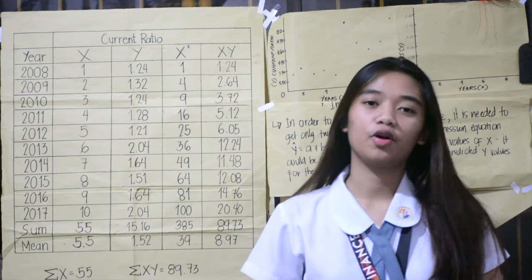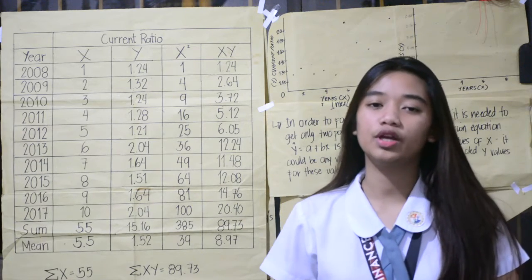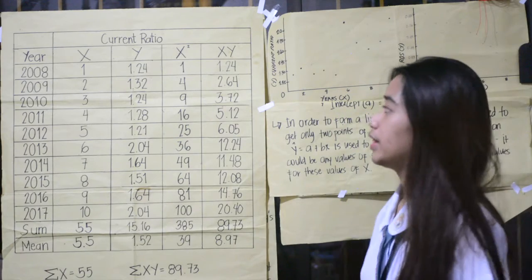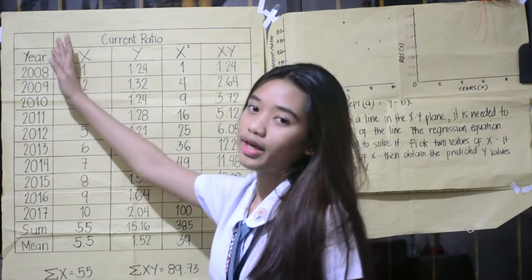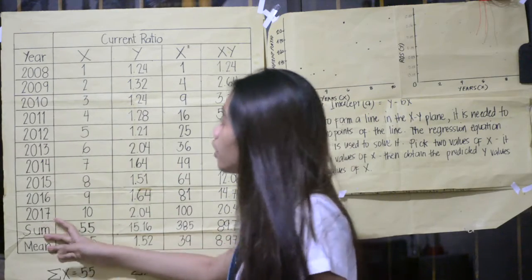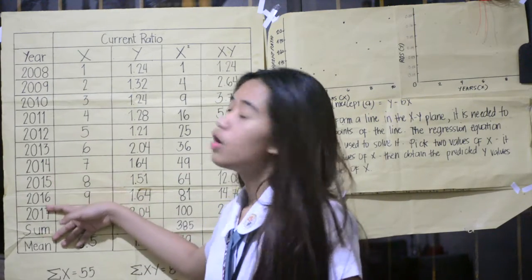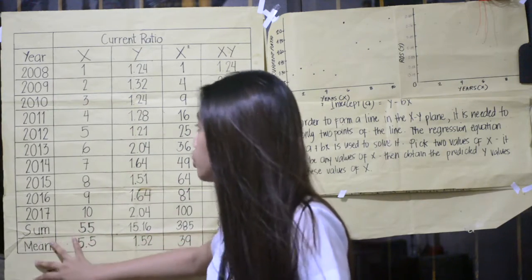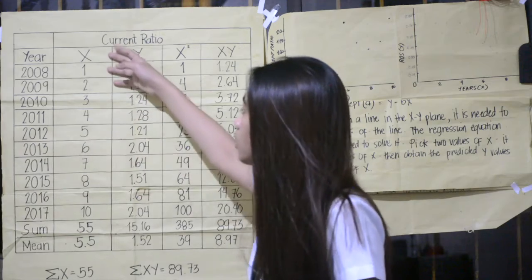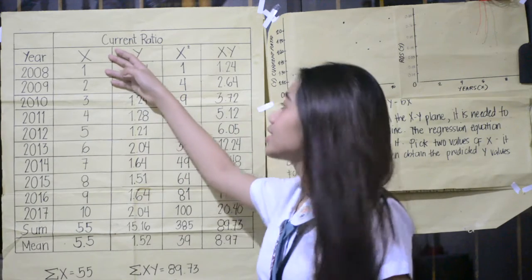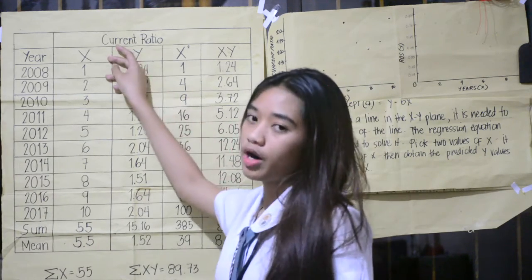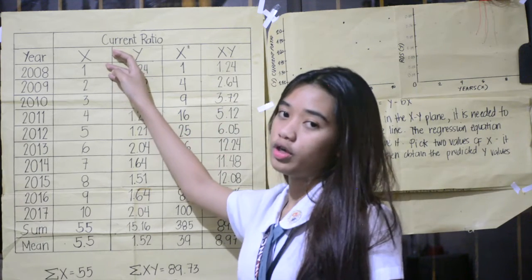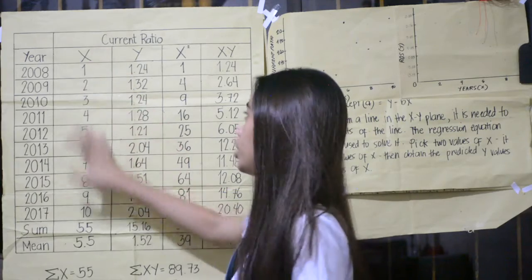So for my example, I use the current ratio of Manila Bulletin from 2008 up to 2017. The first column indicates the year. It is arranged in ascending order from the earliest year up to the latest year. For the second column, the x represents the independent variable, wherein it assigns the number of years from year 1 up to year 10.